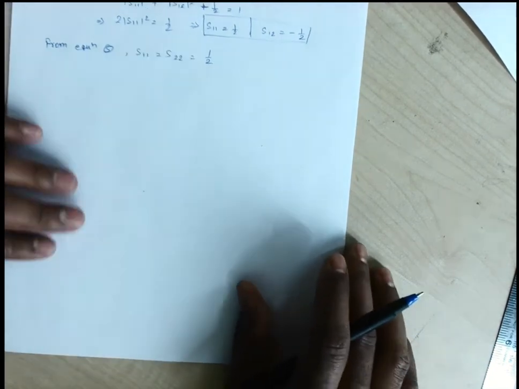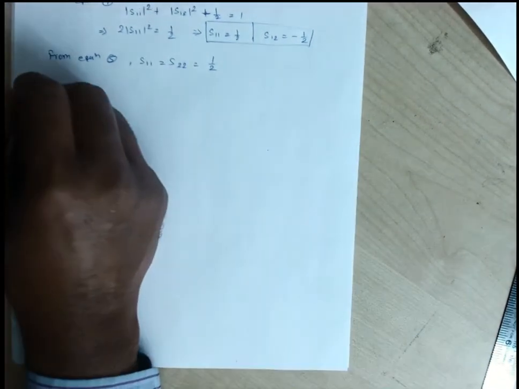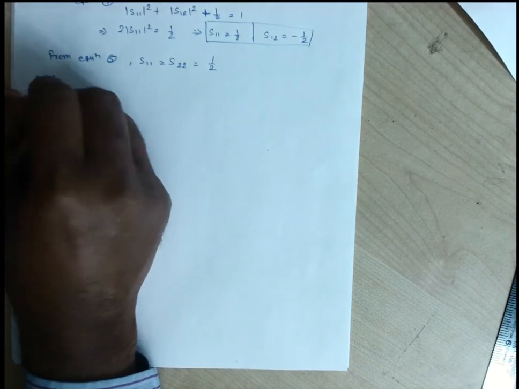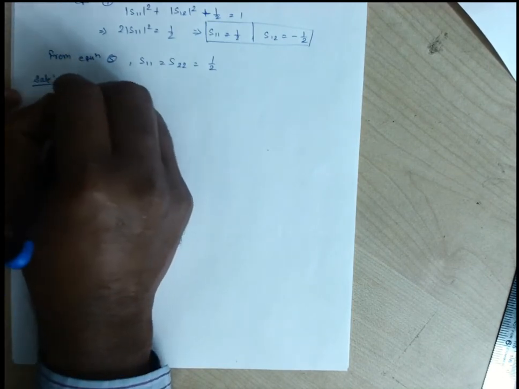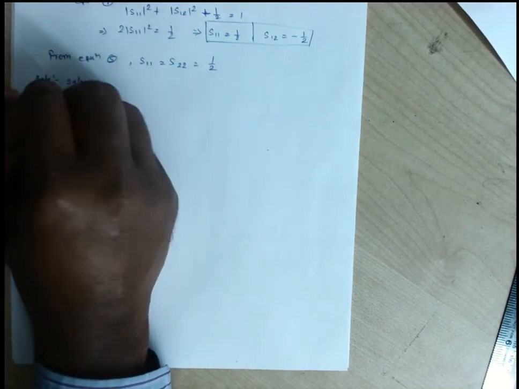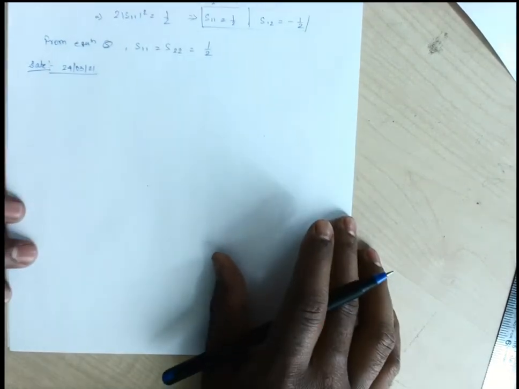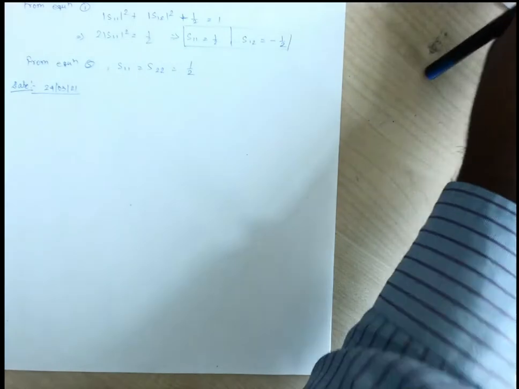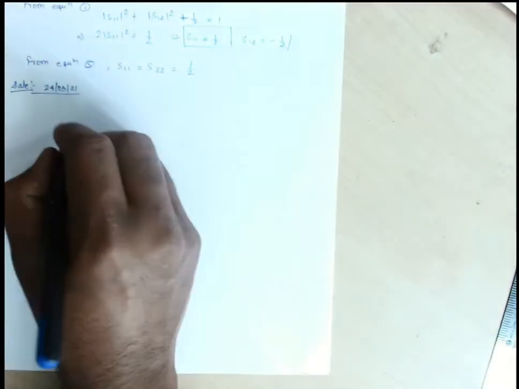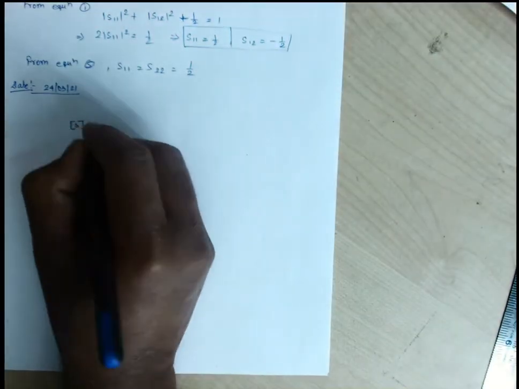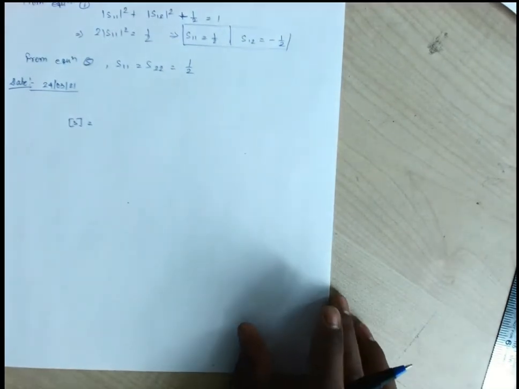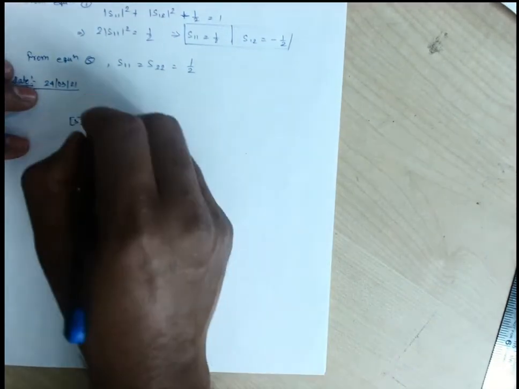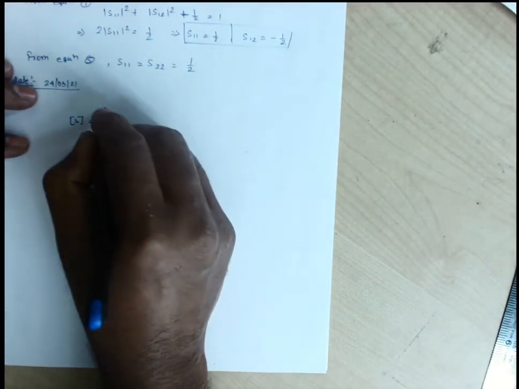So as a whole, if we are writing this S matrix by taking out all those values by doing this calculation, we can write like this: S11.